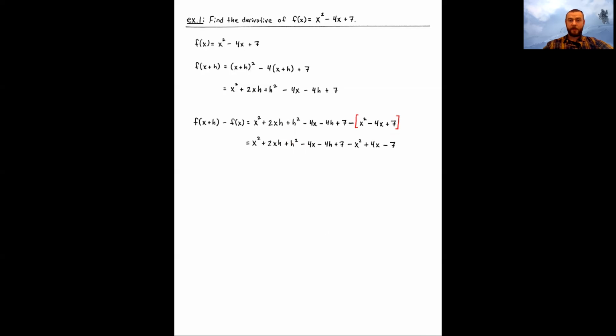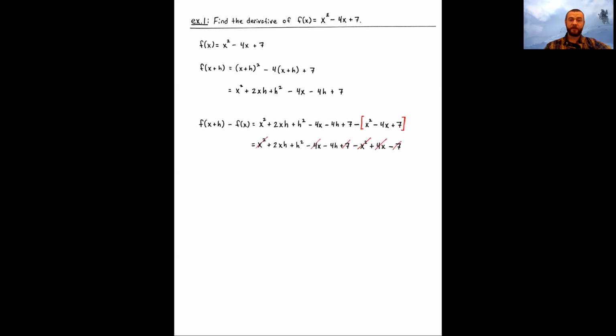So that should simplify here. Now we expect our consistency check to hold, where all surviving terms should contain h. And notice, slowly but surely, we can simplify this and cancel some like terms out. The x squareds cancel, the 4x's cancel, and the 7's cancel.